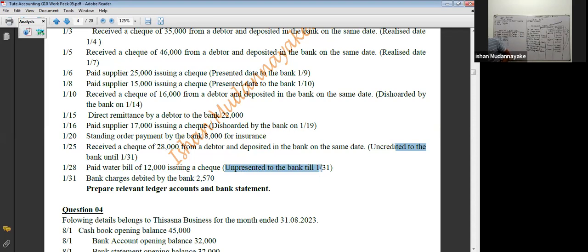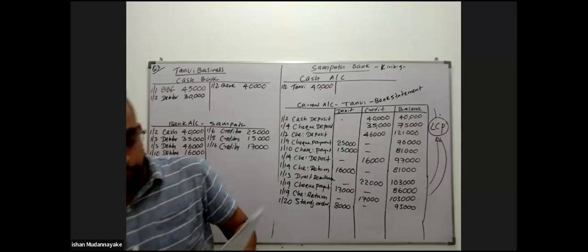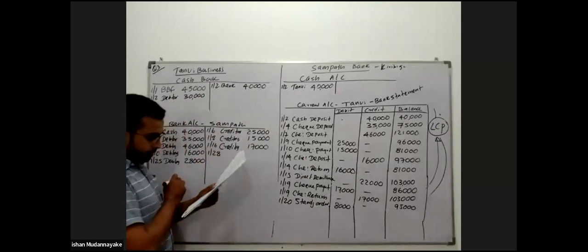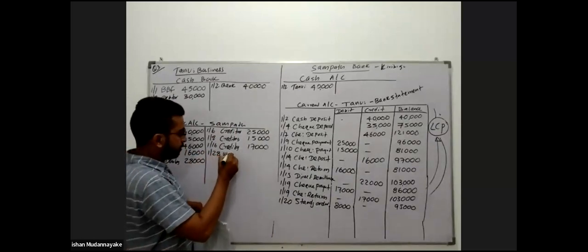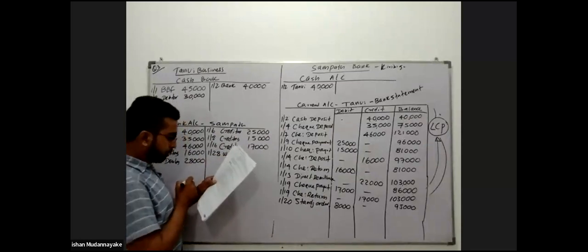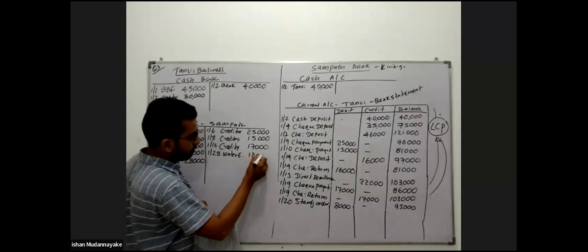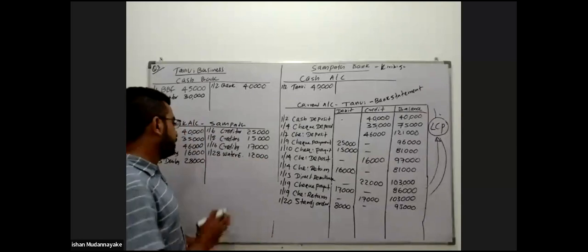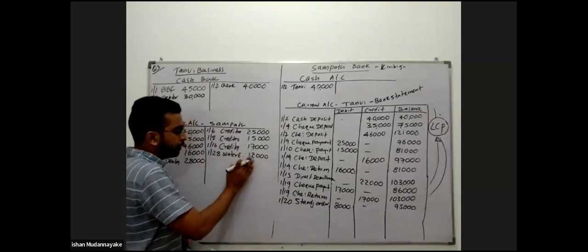Here, the business organization issued a 12,000 check to pay the water bill on 28 January. Water expenses. We issued and recorded this check of 12,000.